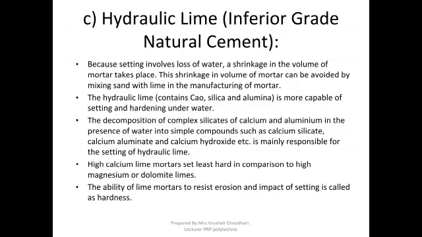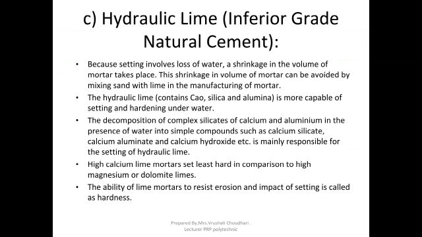Hydraulic lime, we already learned, is an inferior grade of natural cement, which is capable of setting and hardening under water. Because setting involves loss of water, shrinkage in the volume of mortar takes place.